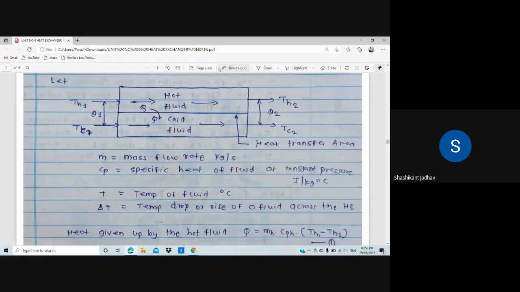The temperature difference between TH1 and TC1 is theta 1, and the temperature difference between TH2 and TC2 is theta 2. At the dividing wall, that is the heat transfer area, heat transfer takes place from the hot fluid to the cold fluid. Okay, so draw this diagram.